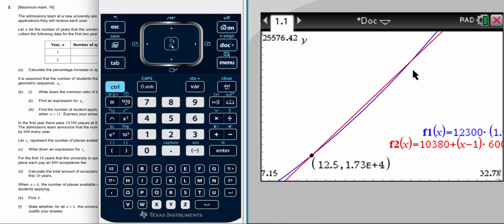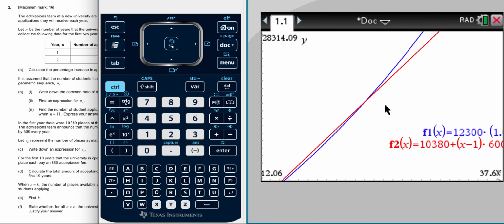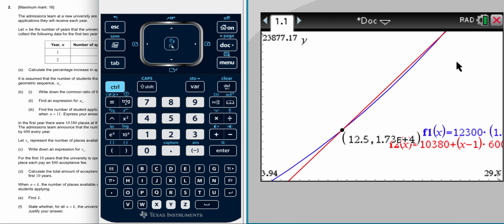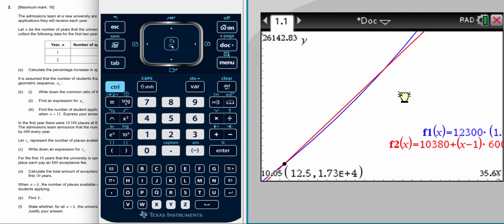So you can see here, there's actually another intersection here, okay? And you can see that a geometric sequence will generally go faster than an arithmetic, okay? So there's not enough evidence. You could draw the graph to show that, or you could find that intersection and say, well, actually, after this point, we can see that there's not enough evidence, okay? So either of those methods would be fine.